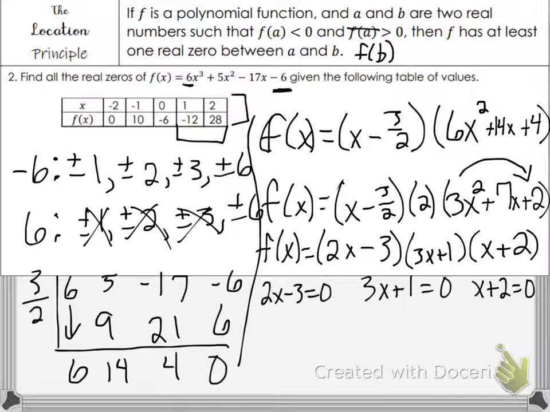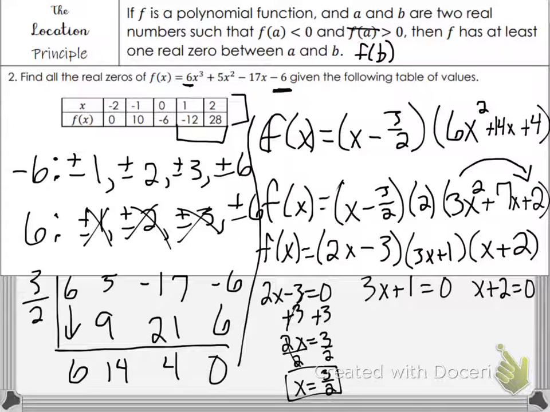First equation, how do I get x by itself? Add 3 to both sides. 2x equals 3. And getting x by itself, divide by 2, so I get x equals 3 halves, right? Which we already knew that one based on our location principle and our rational root theorem and our synthetic division, correct? But we use that to help us get these other 2.